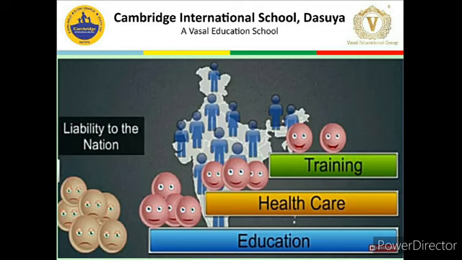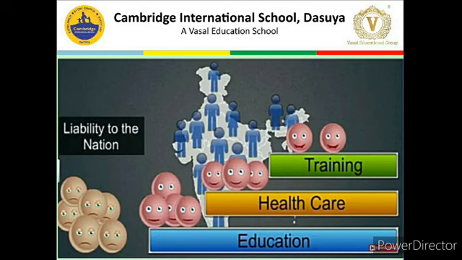In the picture, you can see unhealthy, uneducated, and untrained people are a liability to the nation, and people or population can turn out to be an asset for an economy, but with the help of education, healthcare, and training.